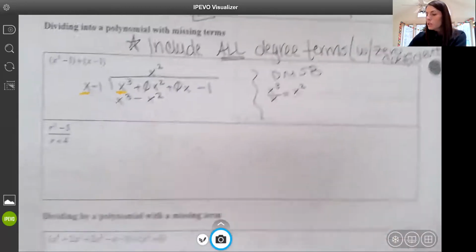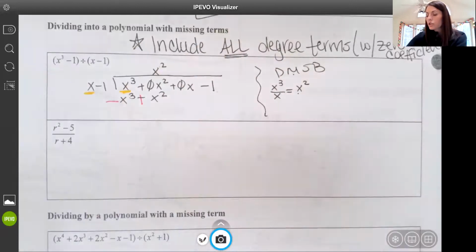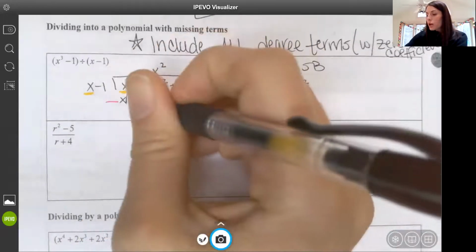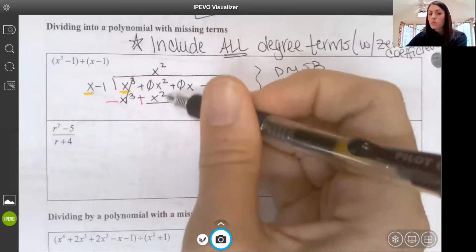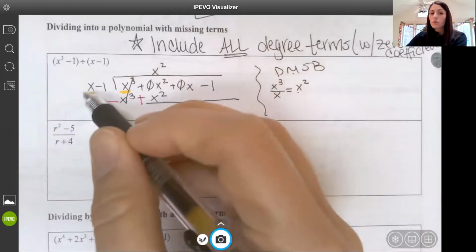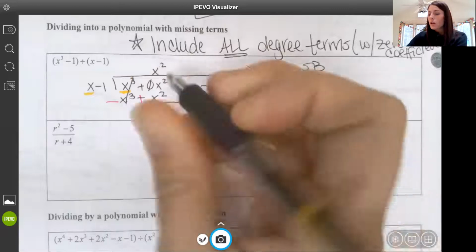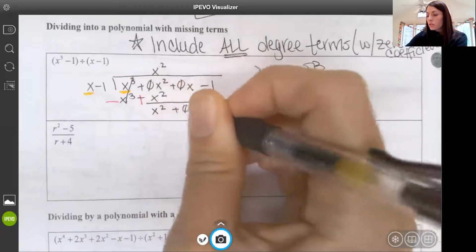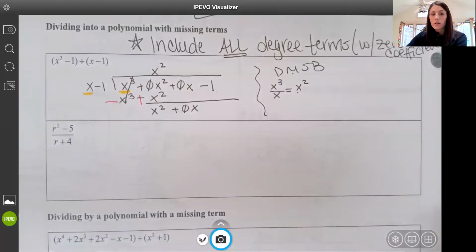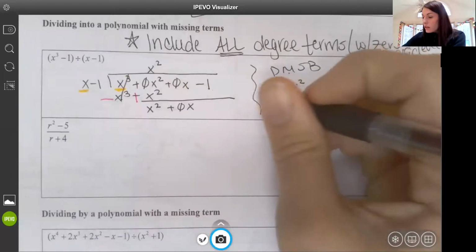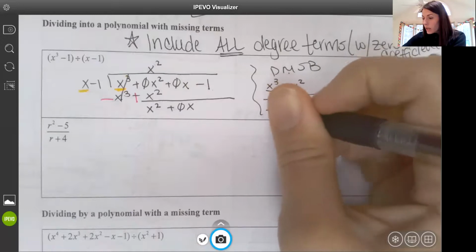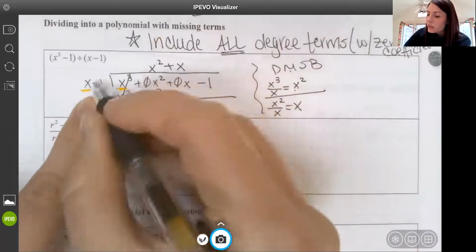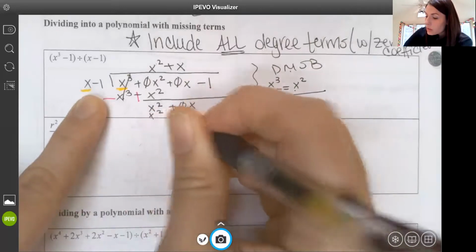Now subtract, change all of our signs, these will cancel, and even though my original problem didn't have an x squared term, because of me multiplying that x squared through, now my leading term is going to be 1x squared. And I'll bring down the 0x. I divide that x squared by x, giving me x. Multiplying that x through, I get x squared minus x.